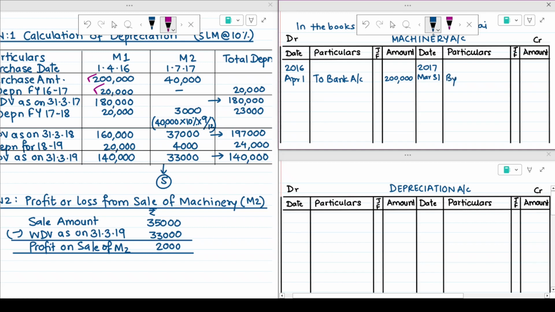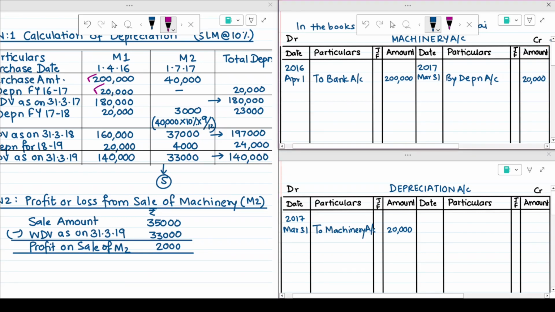Depreciation account debit to machinery account, the amount is 20,000.